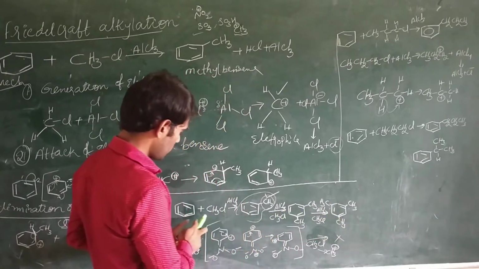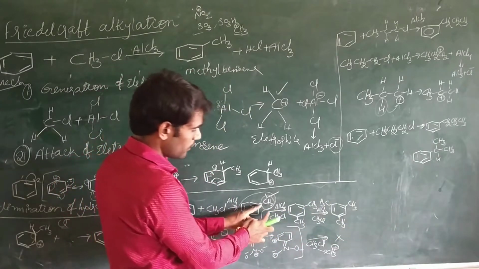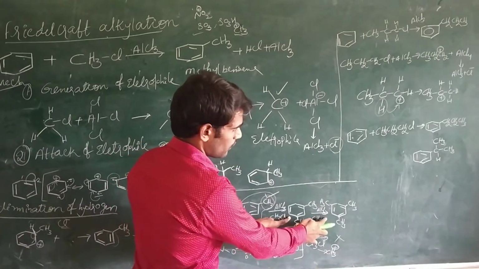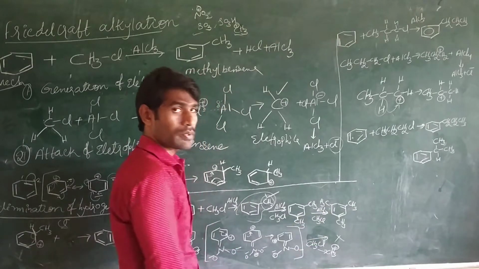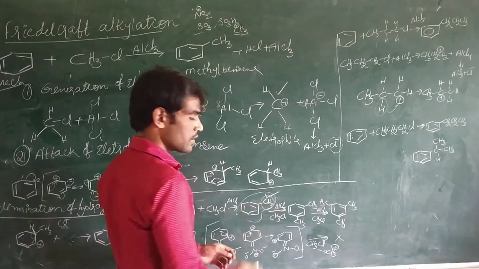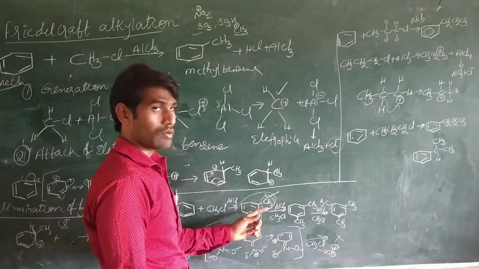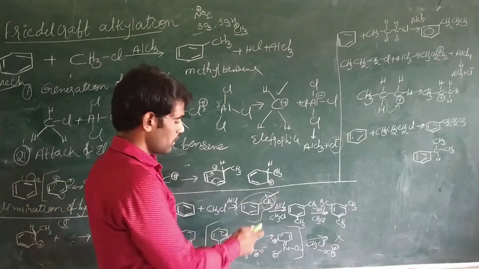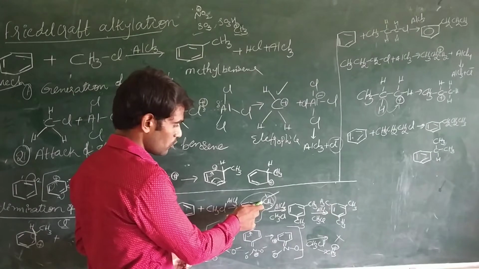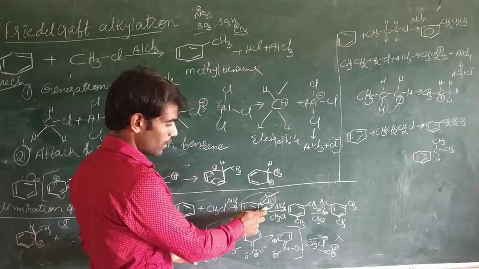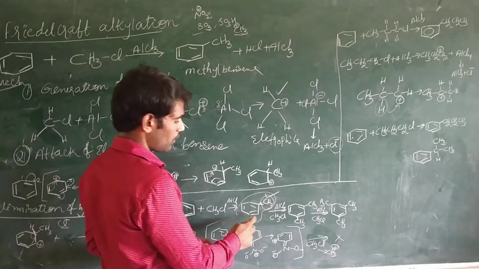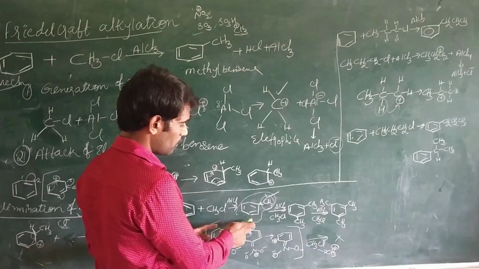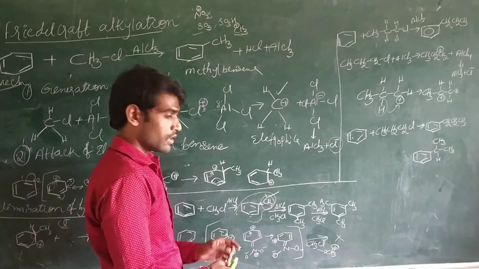In this case there is only one methyl group, and this reaction proceeds, one more methyl group is attached, and the reaction further proceeds and one more methyl group is attached, because CH3 is an ortho para director. We will see what ortho para directors are in our coming classes. When the methyl group is an ortho para director, it means it is pushing electrons and ortho and para positions have negative charges.